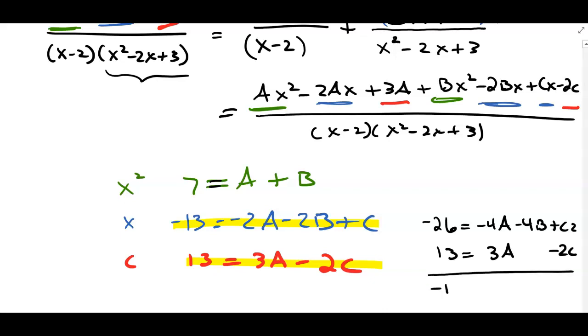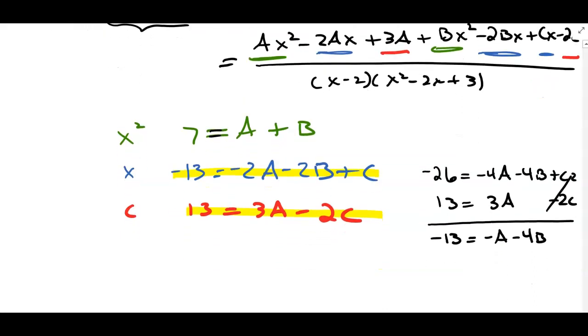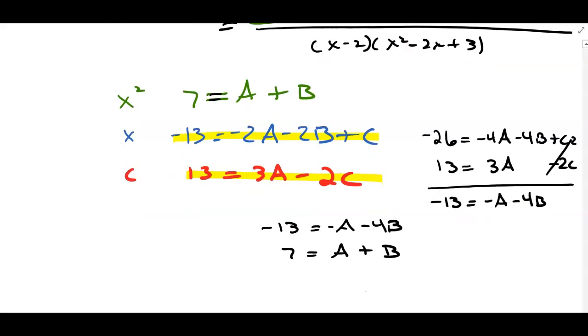So that's going to give me negative 13 equals negative a minus 4b. C's cancel. So then I can use that new equation I created really nicely with the first equation in green, because by adding them together, my a's will automatically cancel.